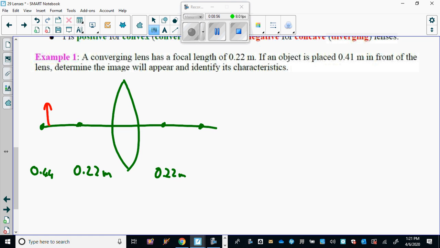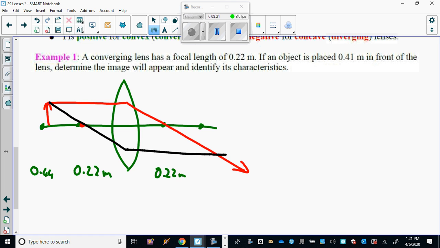Okay, quick ray diagram. Am I being accurate here? Not quite. Hopefully you'll be a little more accurate with placing these things here. So parallel to the focal point, and then right through the center, or let's do the other rule since we didn't do it last time. Through the focal point, parallel.